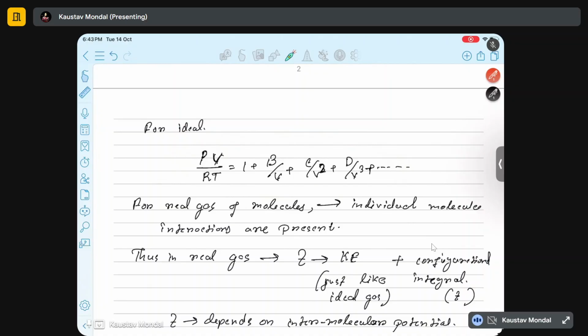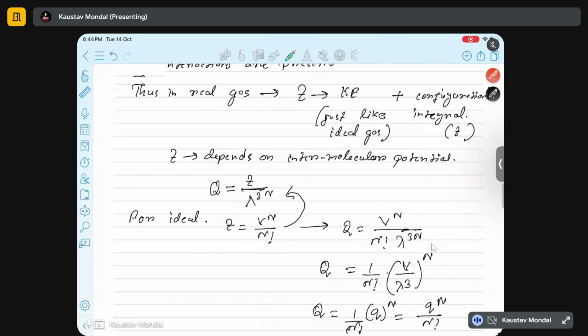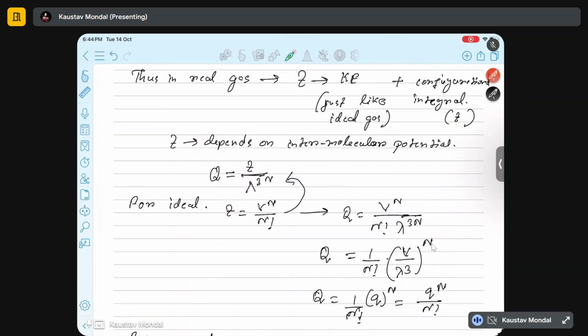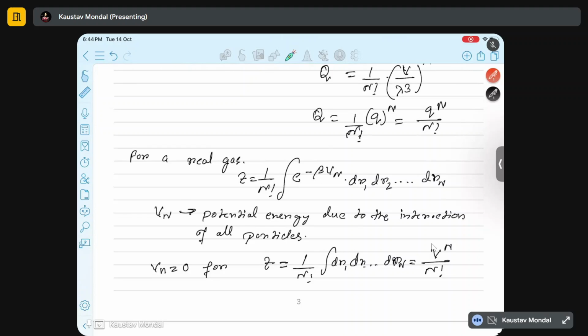Apart from that, there is also the contribution from the kinetic energy. So the partition function for the real gas depends upon both the kinetic energy and the configuration integral. This configuration integral accounts for the interatomic potential term. This is how the configuration integral looks like for a real gas. This Vn is that form of the interatomic potential.